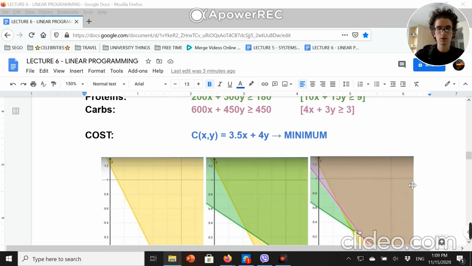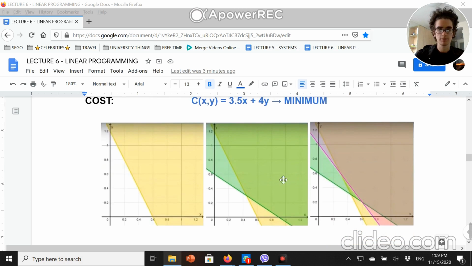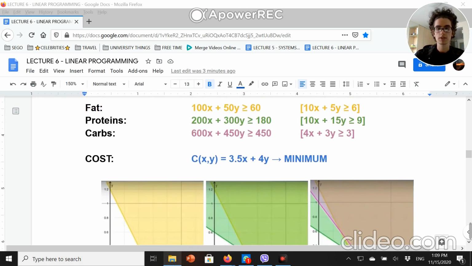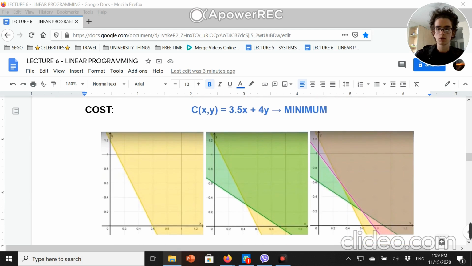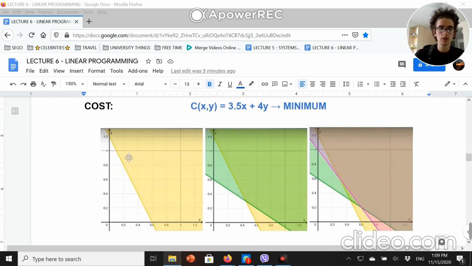Okay, now knowing this information, we can easily graph them, right? And our graphs will look somehow like this. So for the first graph of 10x plus 5y to be greater or equal to 6, this would be our line, and this shaded area is the entire area for which our solution would be acceptable, would be correct.